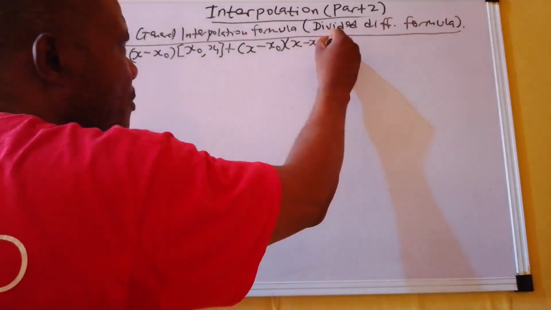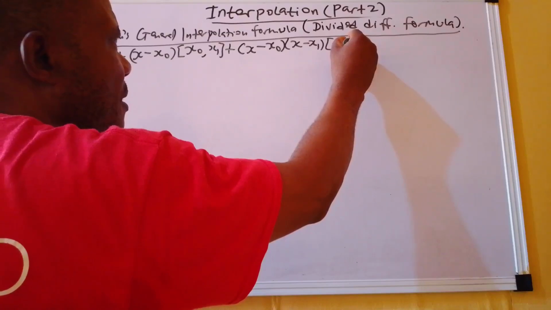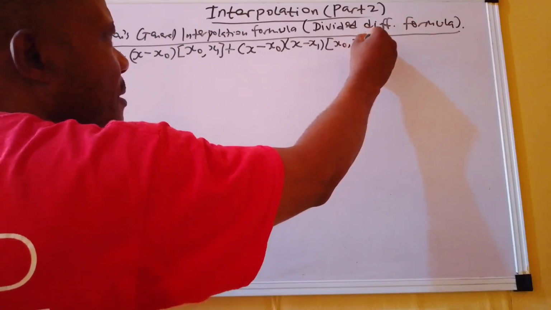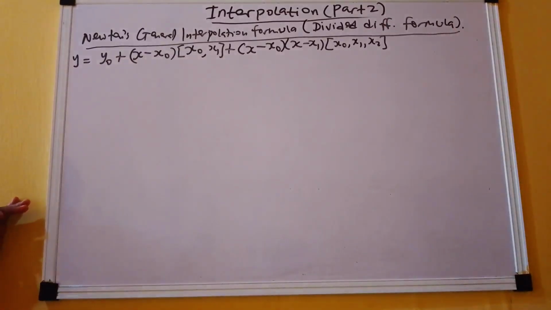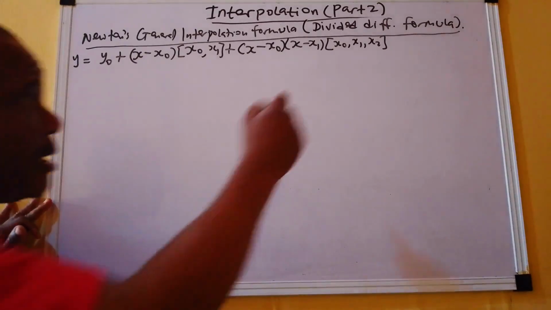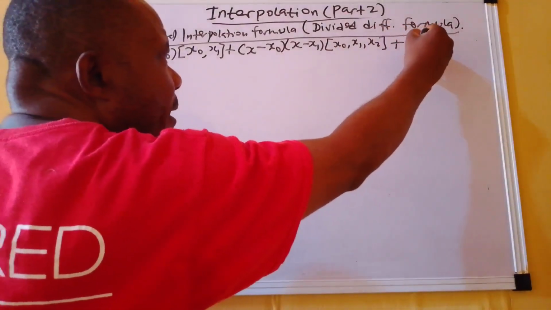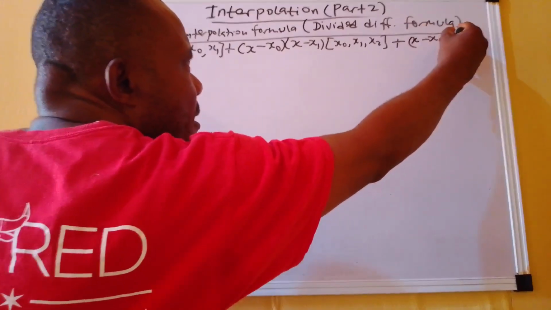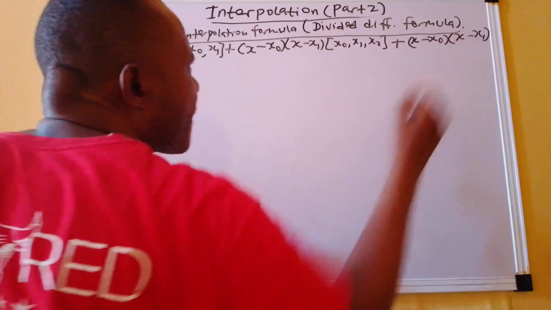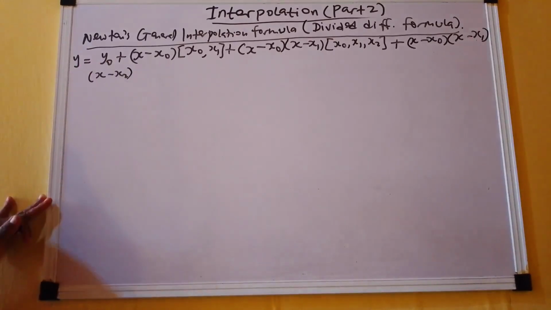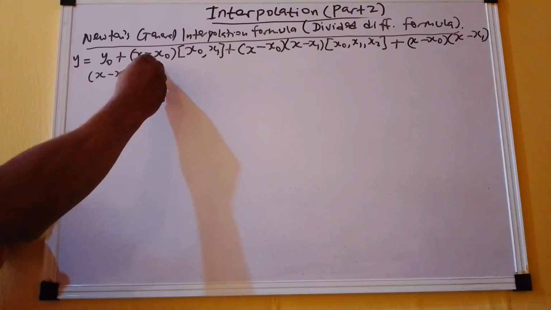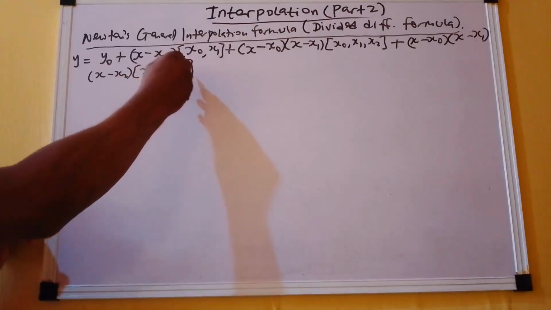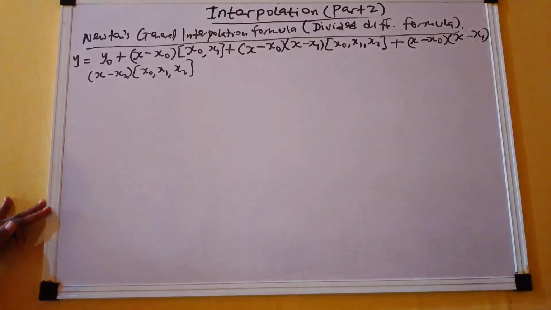Then again the bracket is open, x naught, x1, x2, and then again the plus x minus x naught into x minus x1, of course it continues, into x minus x2. Then of course you open the bracket, x naught, x1, x2, then it keeps going like that.